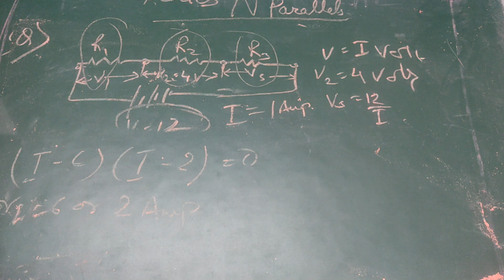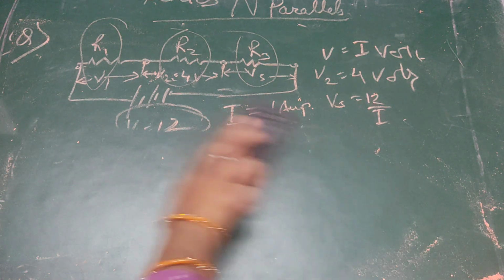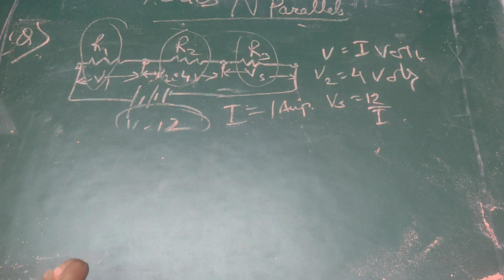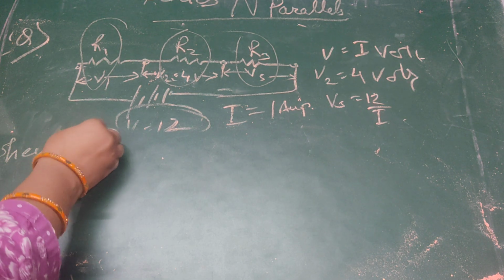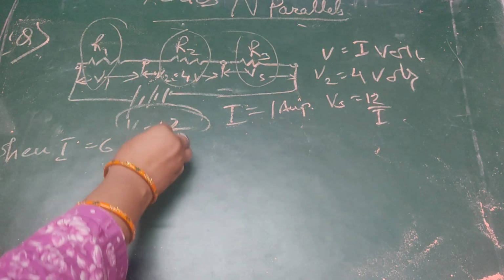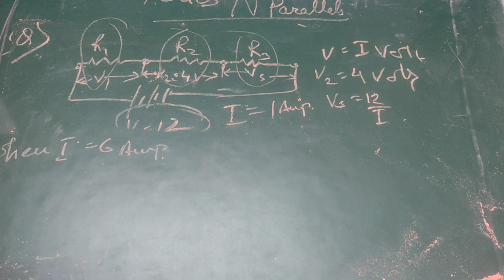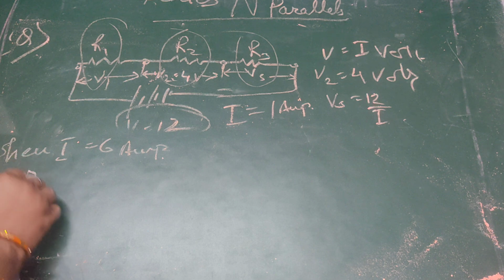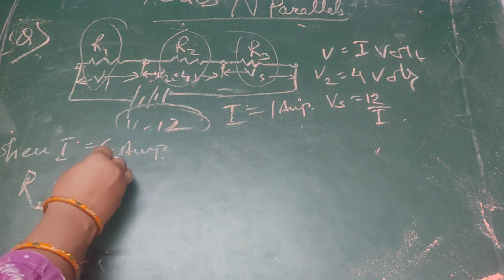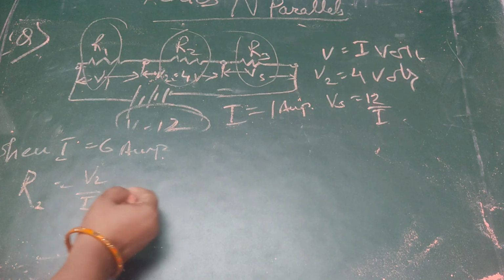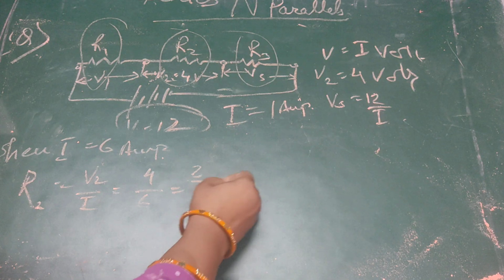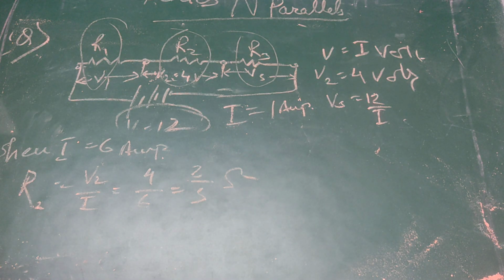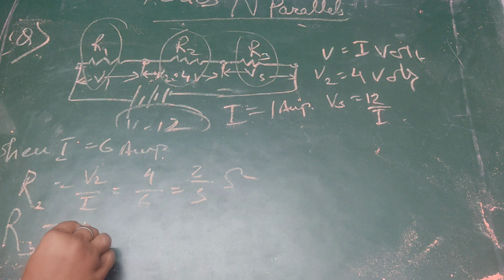When I is 6, now we put values in the equations. What is the value of R2 and R3? We only have to put the values in the formula.